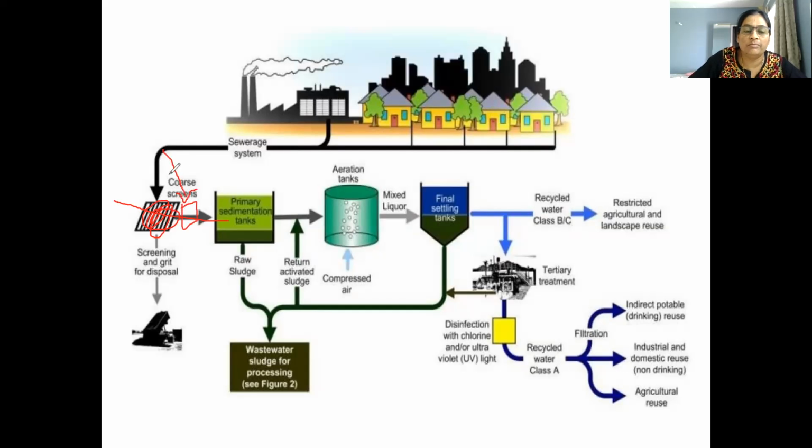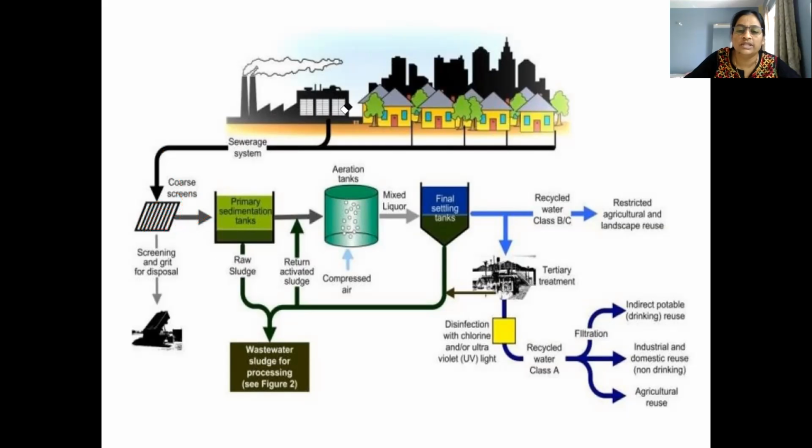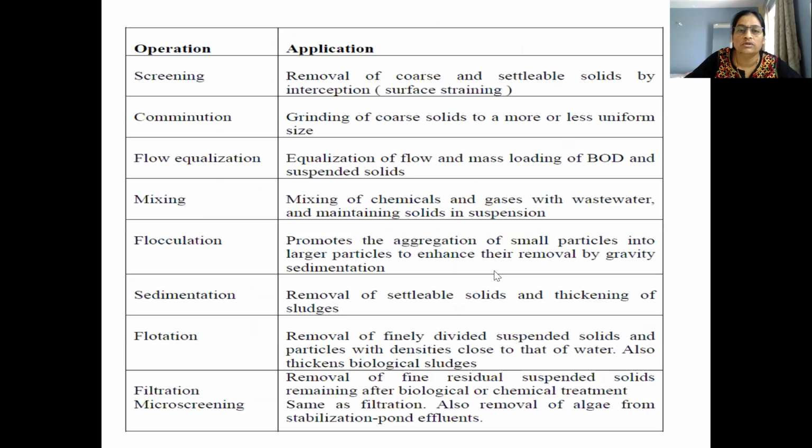So these two will work in a parallel mode, not in a series mode. Sometimes either the comminutor will be working or the screening will be working. Screening simply removes the larger size particles, separating them out. And the comminutor is grinding and converting them into smaller ones. So that is the difference between these two unit operations.